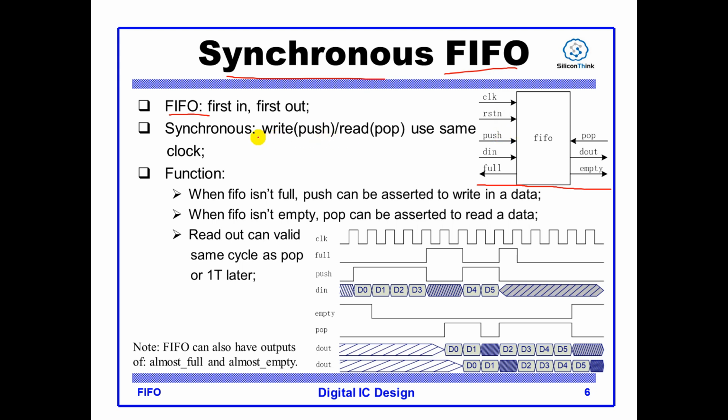Push is almost the same as write enable, and write data, D in. Then an output signal named full. Full means all the entries of the FIFO have been occupied. For example, if there are 4 entries in this FIFO and there are already 4 data buffered in this FIFO, then full will be asserted.